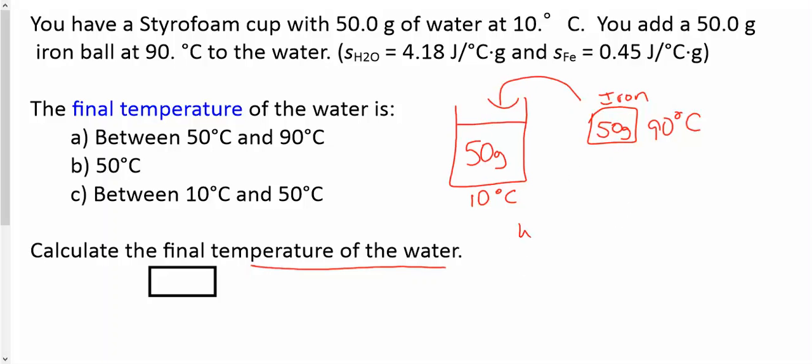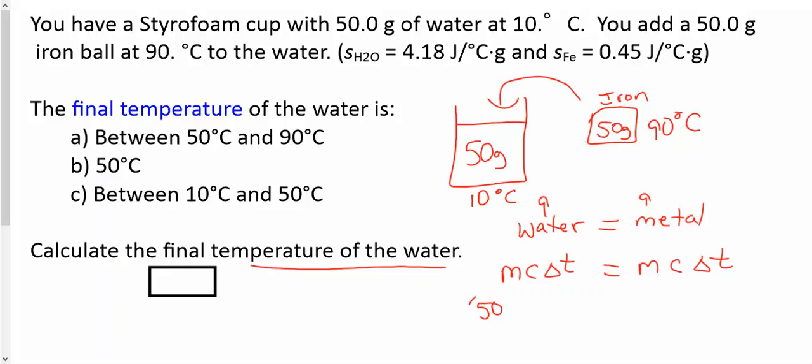So for the water, the heat gained by the water, the Q of the water, is equal to the Q of the metal. So we write expressions for both. MC delta T for the metal is equal to MC delta T for the water. We know that the water is 50 grams.